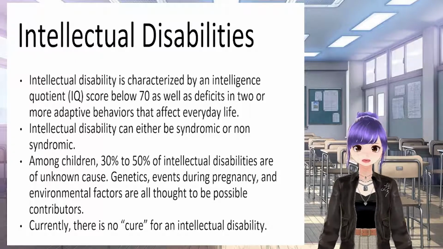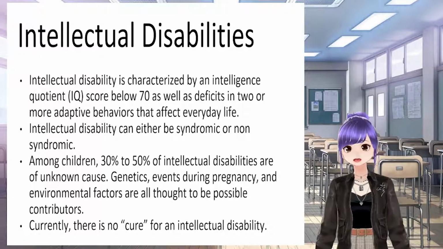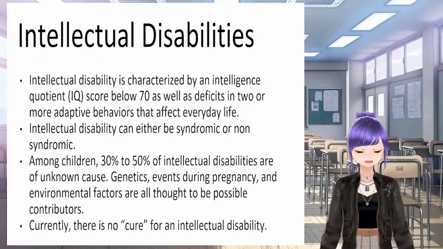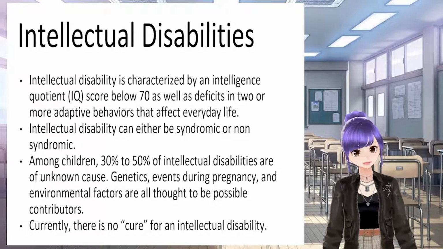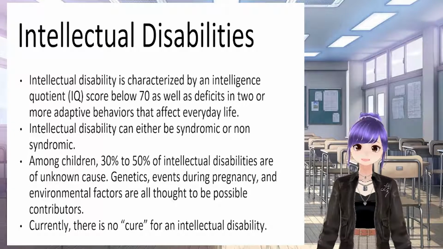Both are measured. The cognitive side is measured through an IQ test, while for the adaptive behavior side, there is also a scale to measure it. These characteristics become apparent in childhood or in adolescence.